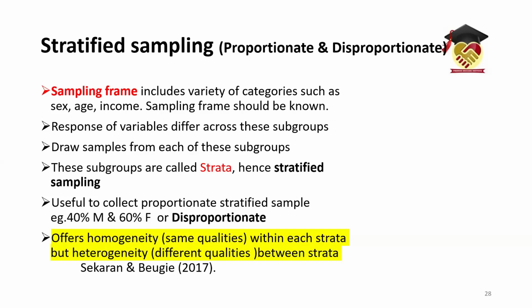So here, importantly, you should know the sampling frame, the entire sampling frame, the sample size, right? You know the sampling frame, okay, and the sex, age, right? So the technique is, you will have to divide your items under meaningful categories. Why do I say meaningful?